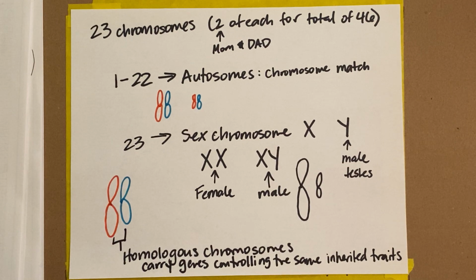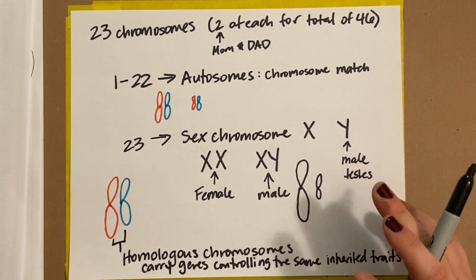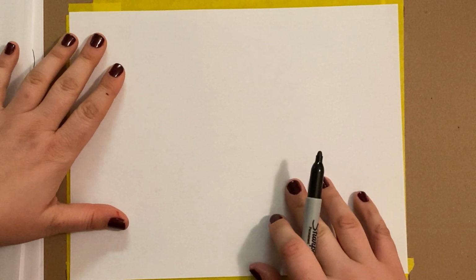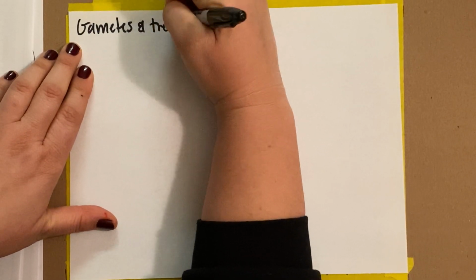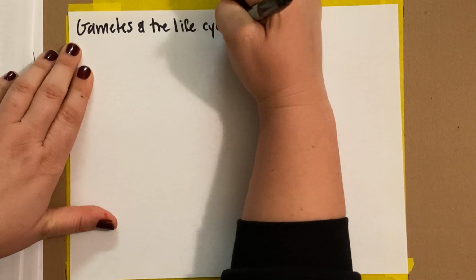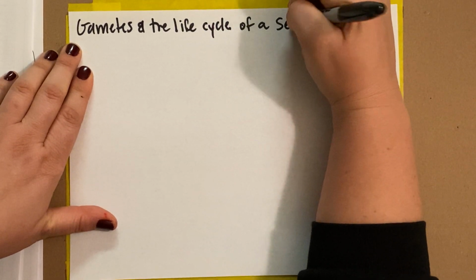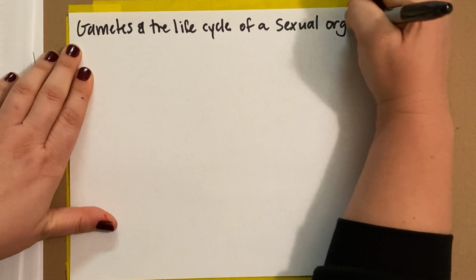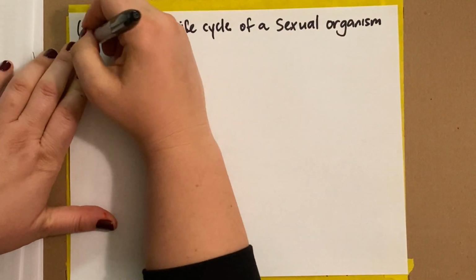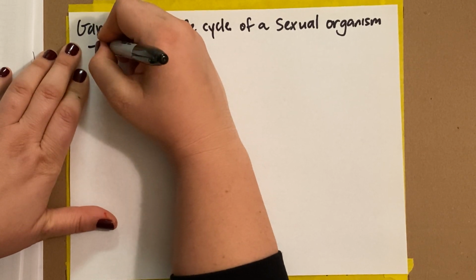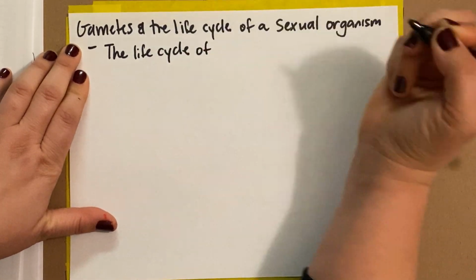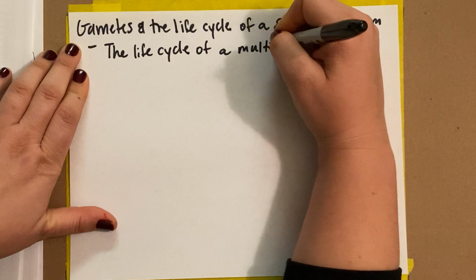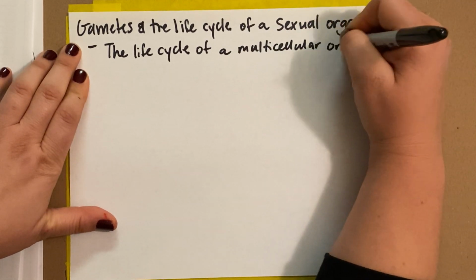All right, when we're talking about meiosis, we have to start talking about gametes, because we are not going to be doing the same process as mitosis. So we're going to talk about gametes and the life cycle of a sexual, multicellular organism.